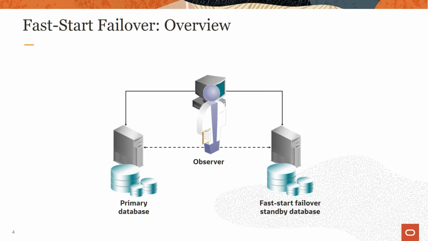And also, we will have to start the observer process. The observer continuously monitors the primary database to check its health. And also, the observer continuously checks the standby database, because the standby database includes connectivity information between the primary and standby database.